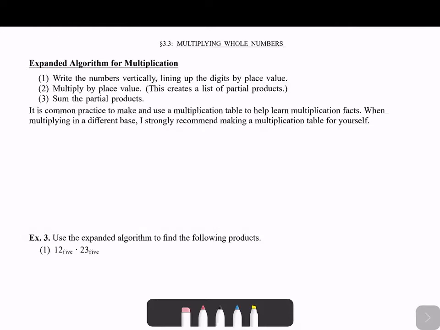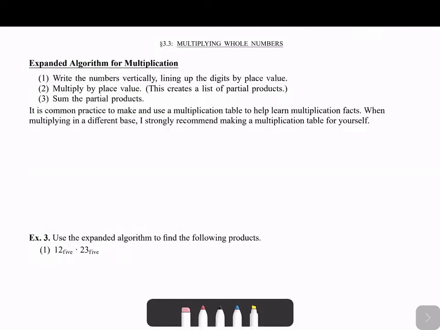You guessed it, just like the first step of all the other algorithms, the first thing that we do is write the numbers vertically, and then we multiply, and then we sum. Before we get to doing this, since we're going to work in different bases, it may make things quicker and simpler to write a multiplication table for yourself, because we know the multiplication tables in base 10.